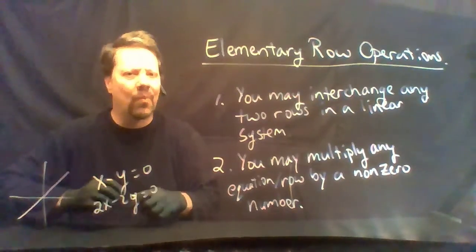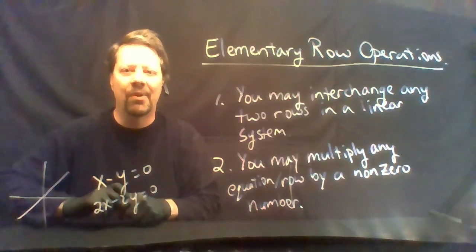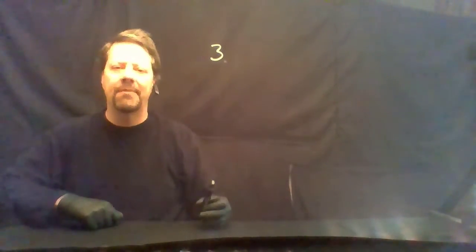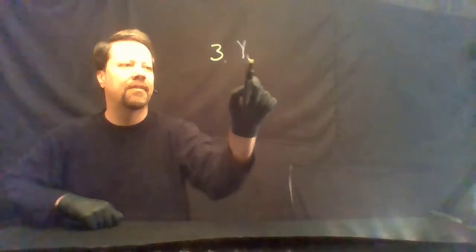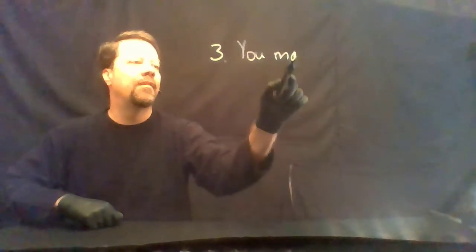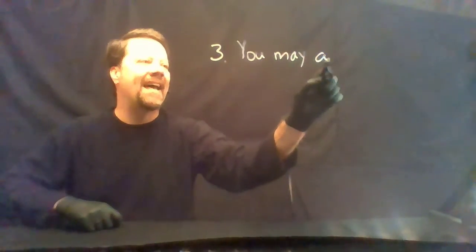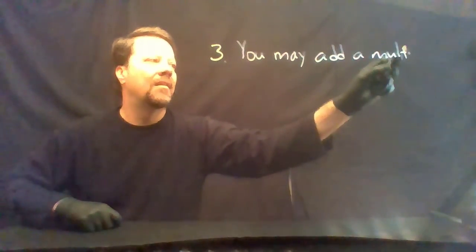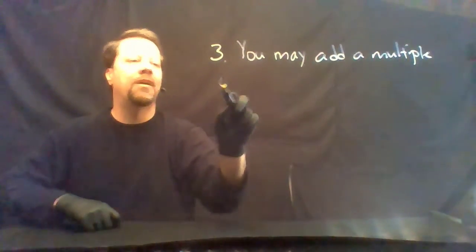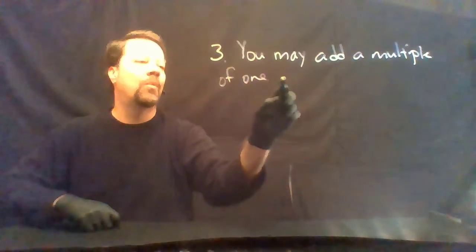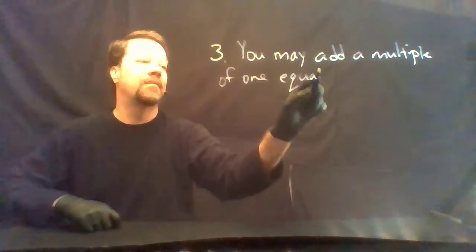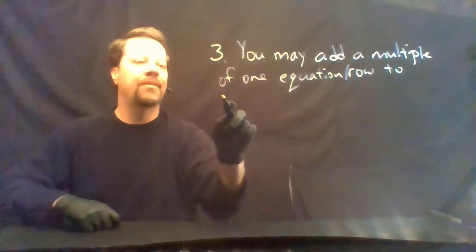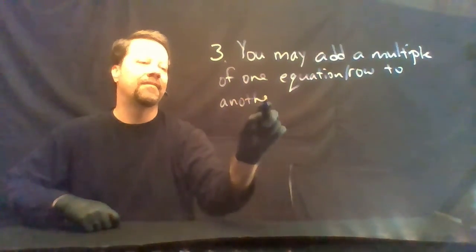There is one more elementary row operation. The third elementary row operation is you may add a multiple of one equation or row to another.